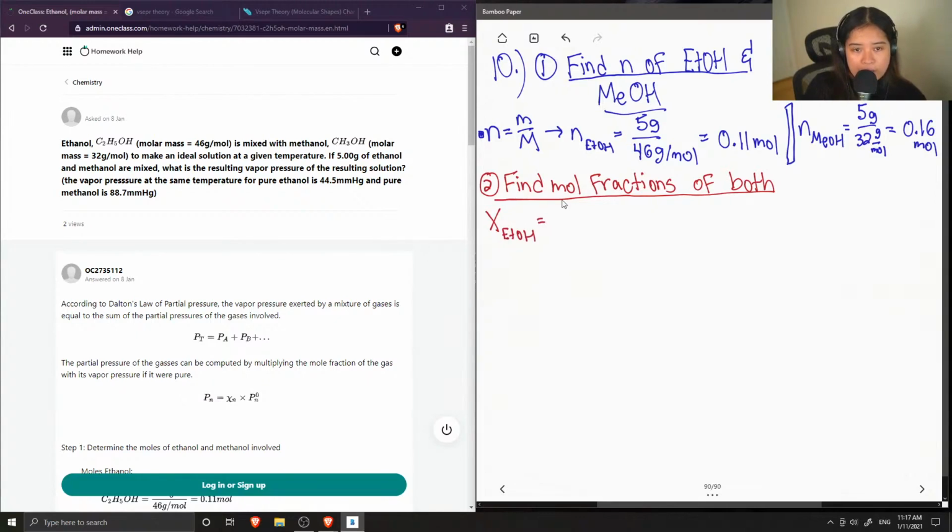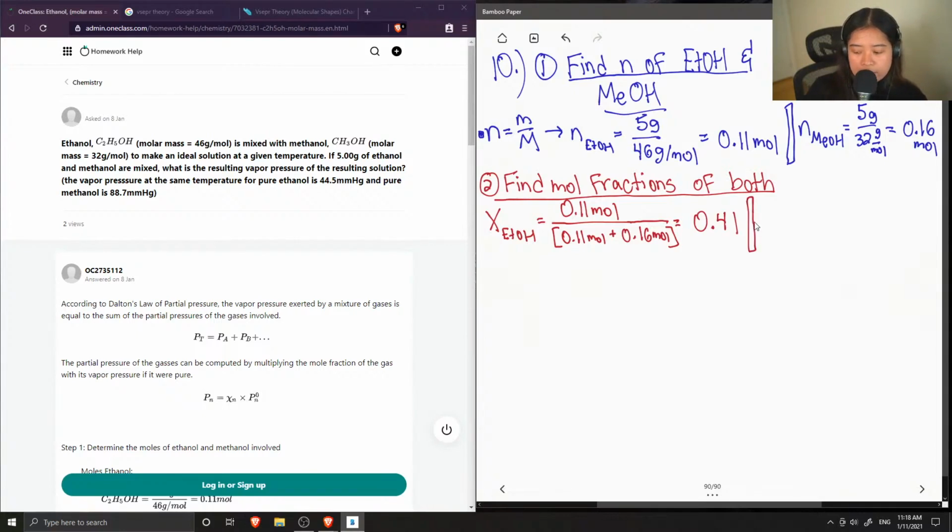We calculated its number of moles to be 0.11. And to find the total moles, it's just the sum of the two solutions. So 0.11 plus 0.16. So the mole fraction of ethanol is 0.41.